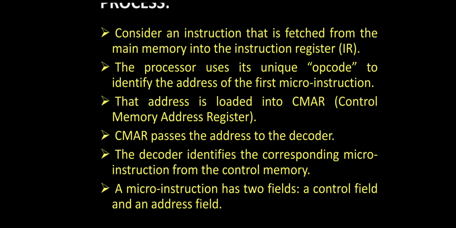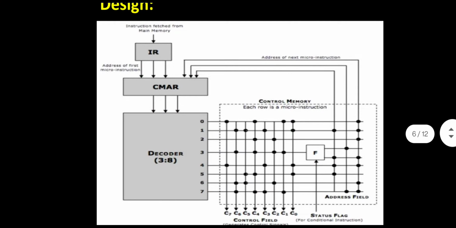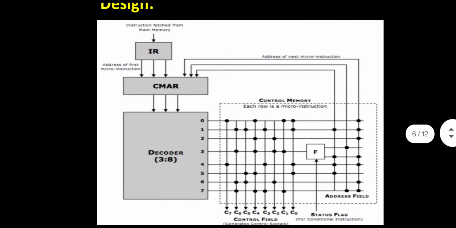Consider an instruction that is fetched from the main memory into the instruction register, the IR, here. From there the instruction is passed to the CMAR by using its own opcode.